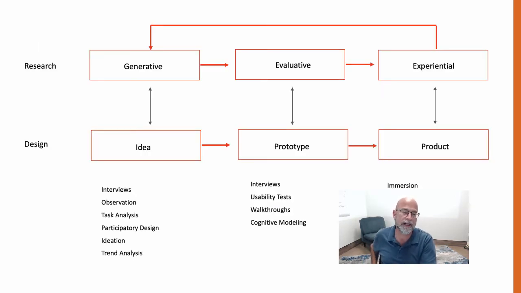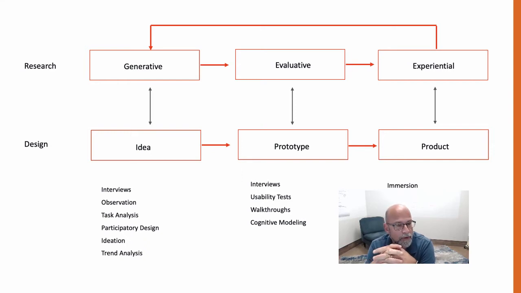I also mentioned there's a couple different kinds of research. You can think of them as categories or questions. Sometimes we're interested in understanding how to get product ideas, and that might be useful early on in the design process when you're looking for opportunities. You can do interviews and observation during that period of time.